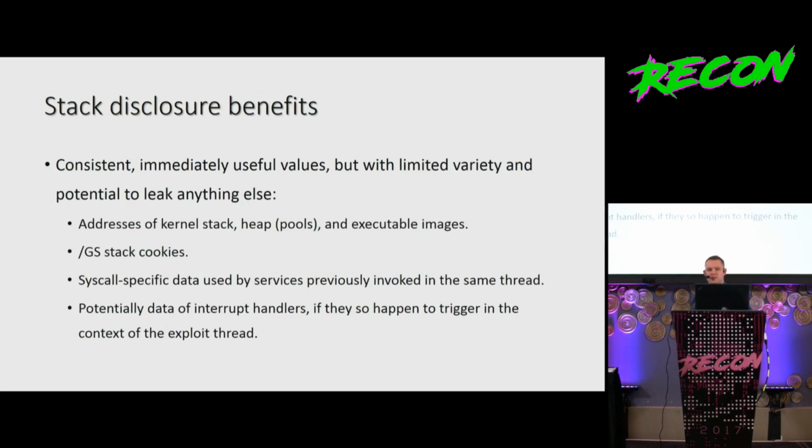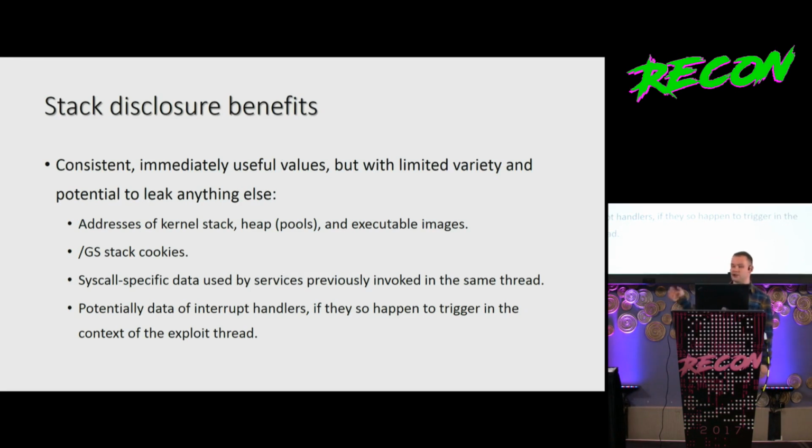The benefits of the stack or heap disclosure depend on what type of memory is being disclosed. When it comes to stack disclosures, we have consistent, immediately useful values, but it's very limited in variety and potential. For example, we can very easily get the addresses of the kernel stack because there are a lot of same frame buffers or stack frames. We get addresses to heaps because they are also stored on the stack.